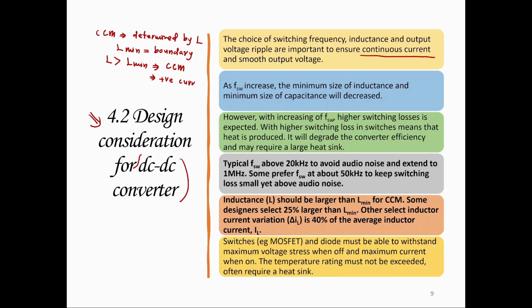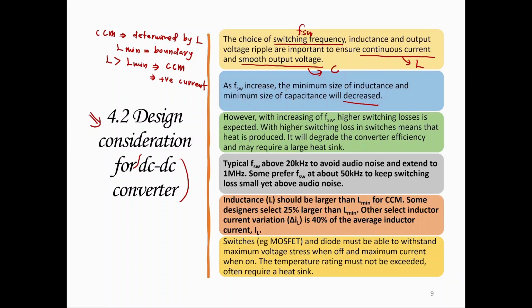The second point, as we increase the switching frequency, the minimum size of inductor and the minimum size of capacitor will be decreased. So as your switching frequency is increased, the value of L min will be decreased and the value of C will be decreased as well.